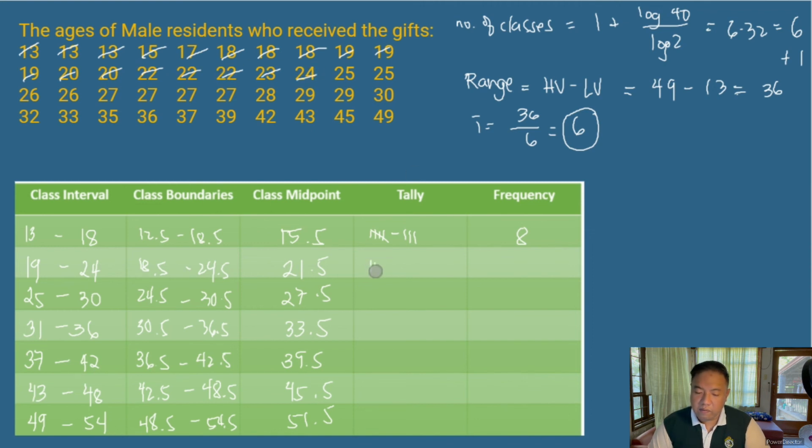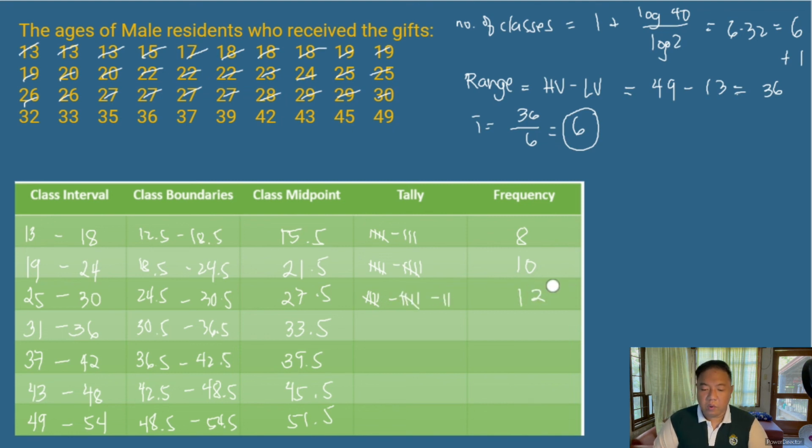So that's 10. How about 25 to 30? 1, 2, 3, 4, 5, 6, 7, 8, 9, 10, 11, 12.